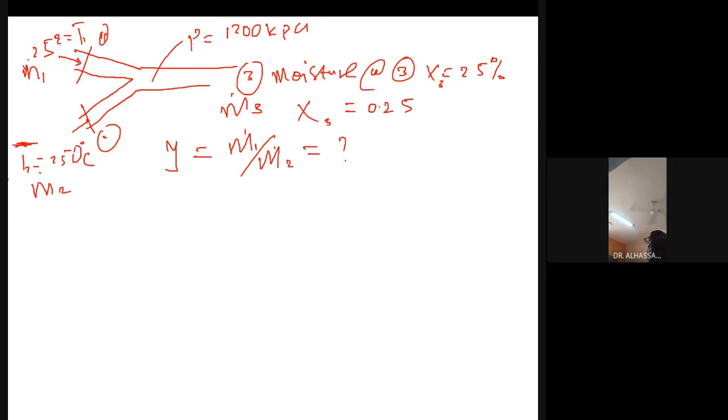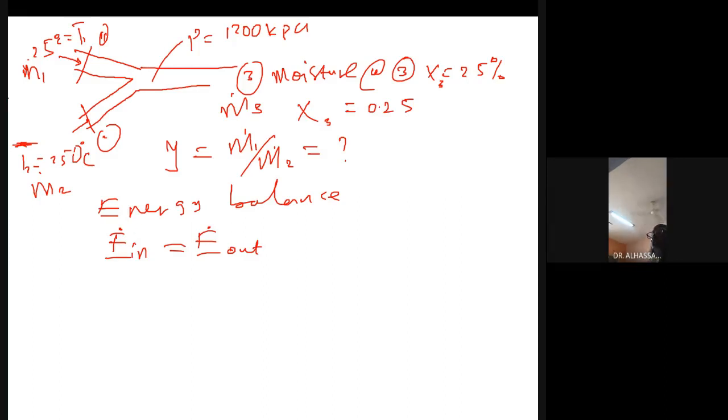First, we need to write down the energy balance equation. From this energy balance, the total amount of energy inlet should be equal to the total amount of energy at the exit. Here, since the fluids do not have any velocities, the kinetic energy terms and potential energy terms are negligible.